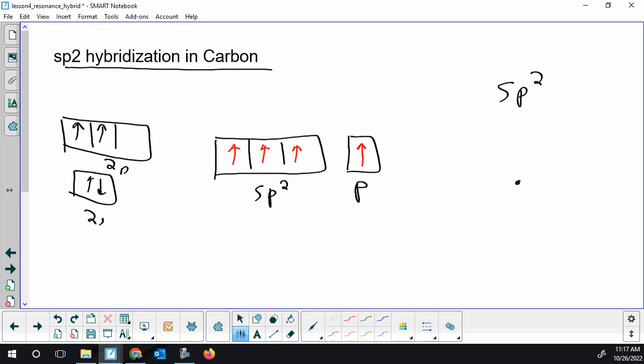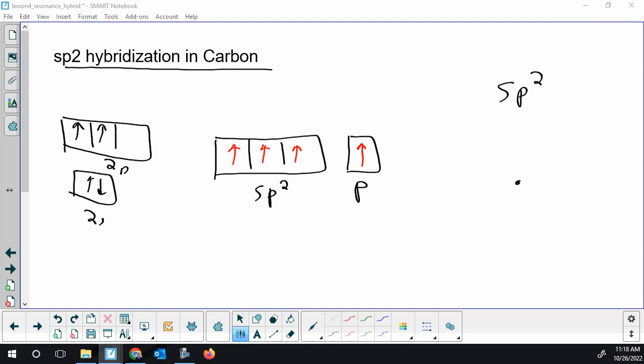Because they're flat, what bond angle would we get if we have 3 things spread out in a circle? What's a circle divided into 3 pieces? 100, 100, 100, that doesn't work. That's not 360. 120, 120, 120. So that's what I've got to draw for my 3 orbitals.